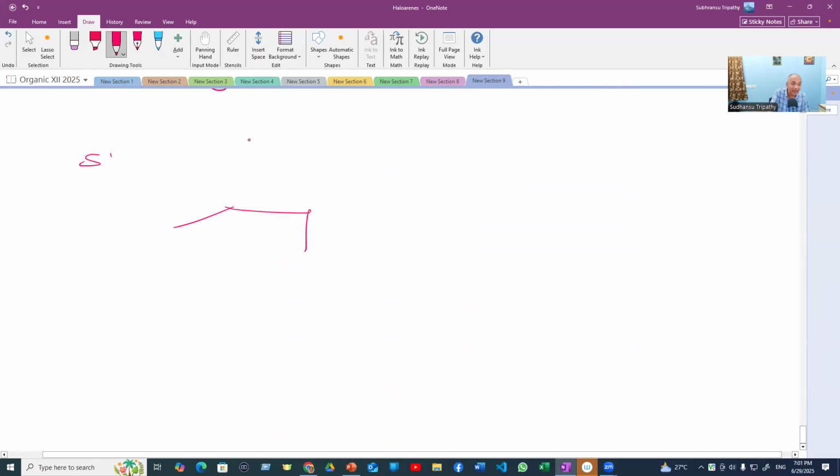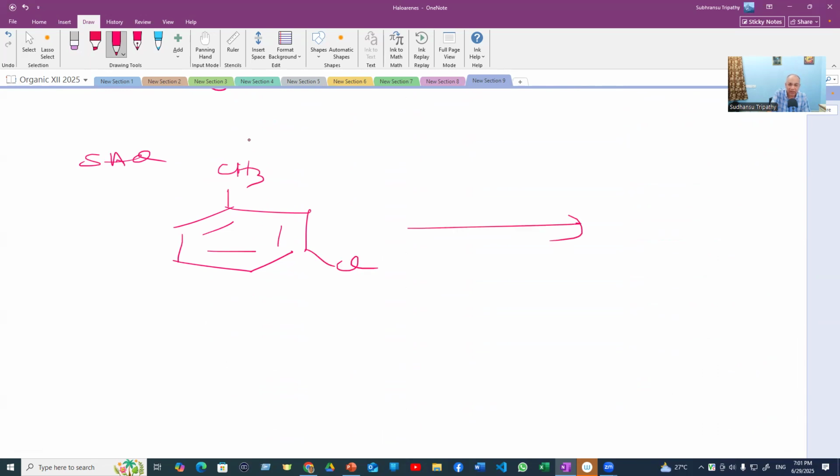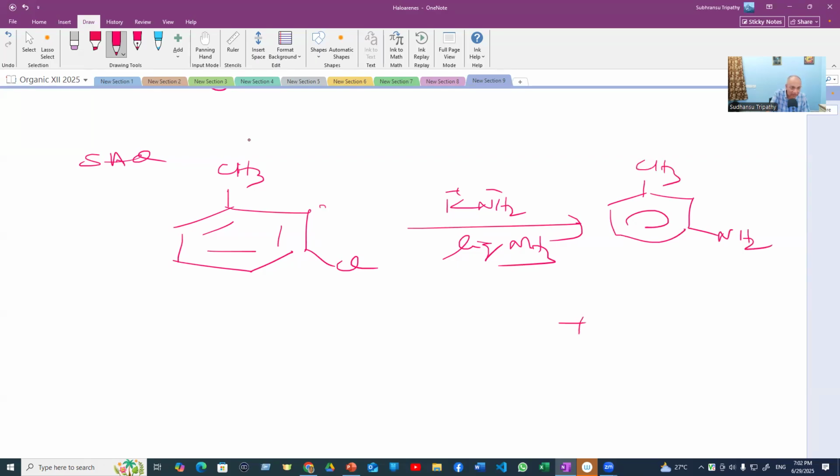interestingly, I will give you another example where three products are obtained. Supposing you have methyl here and chlorine here, and you are carrying out KNH2 with liquid ammonia. You get a mixture of three products: the normal product and two cine products. This is an adjacent position, this is an adjacent position.